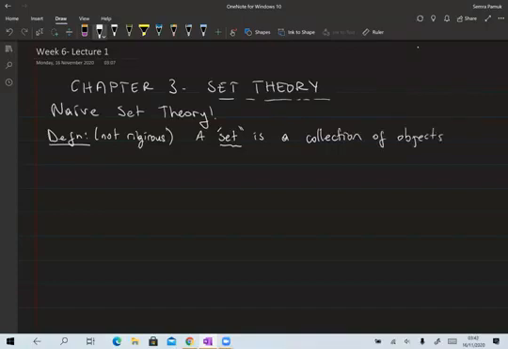Maybe I shouldn't write definition, but undefined. We leave it undefined. What is actually a set?